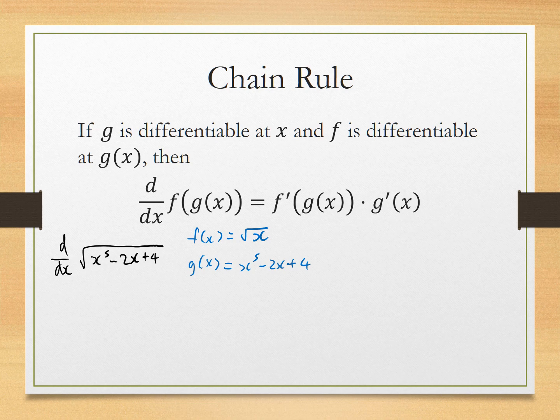So what you have here is d/dx of f(g(x)). According to the chain rule, it equals f prime g(x), multiplied by g prime x. What does that mean? f prime x is the derivative of root x.